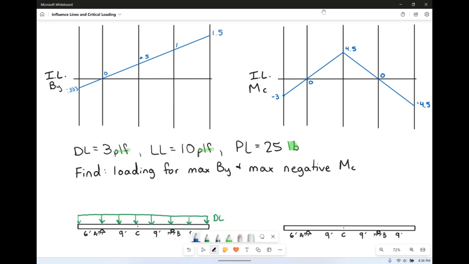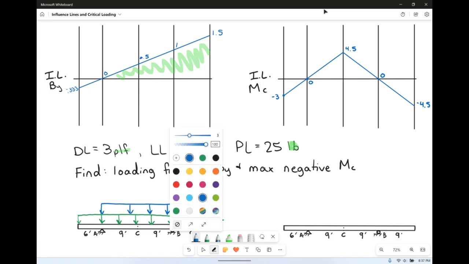If we want maximum By, for this instance, we want to maximize the positive area on our influence line chart. So that means I'm going to have my live load only on this side. That's going to give us the most positive area under that influence line.